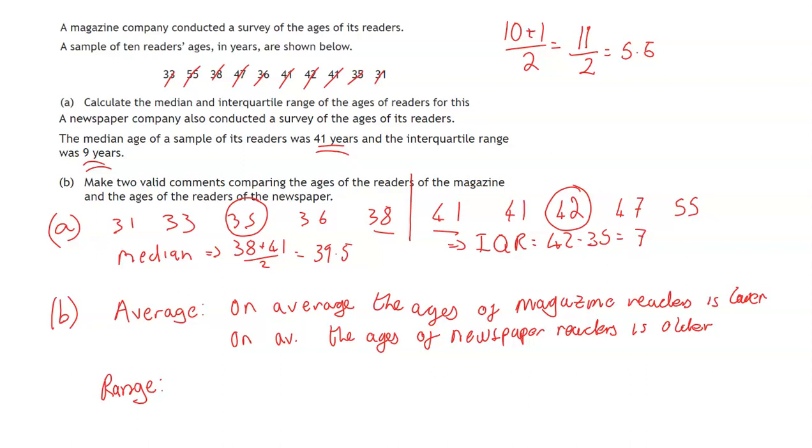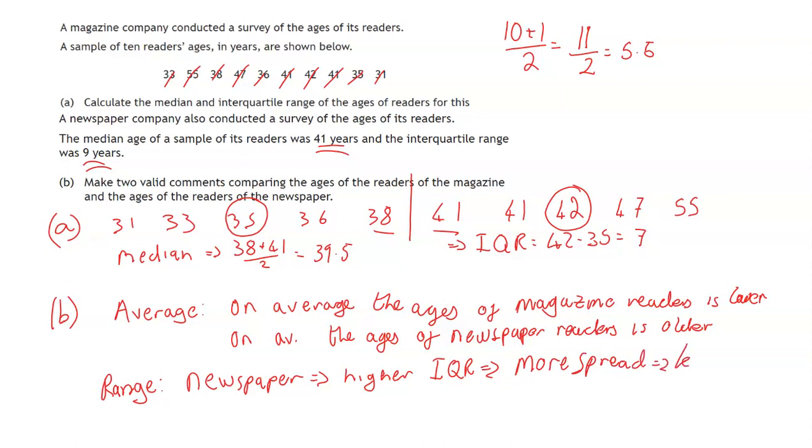So we can say for the newspaper, if we were to look at it from that perspective, the newspaper has a higher interquartile range, so a higher IQR. What that means is there's more spread. And because there's more spread, it's less consistent.